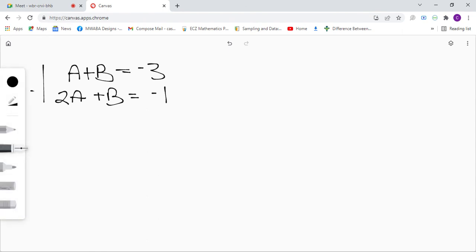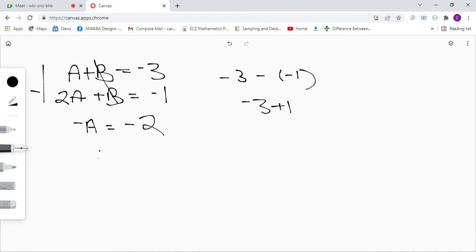We can get rid of these b's, we just subtract. b minus b cancel each other out. 1 minus 2a, we get -a. And we're going to say -3 minus -1. So this becomes positive, so we have -3 plus 1, and that gives us -2.